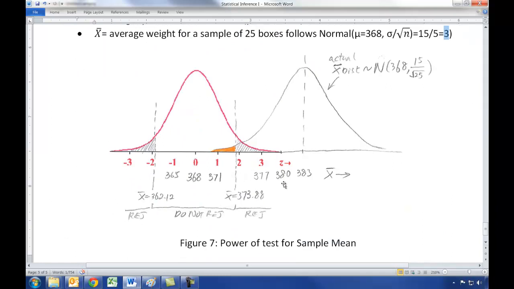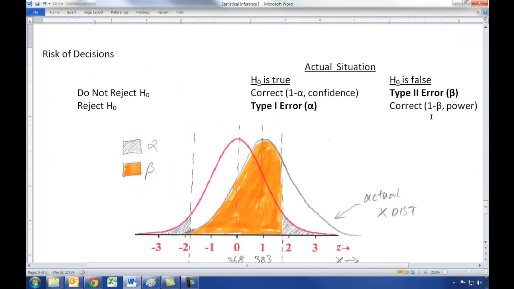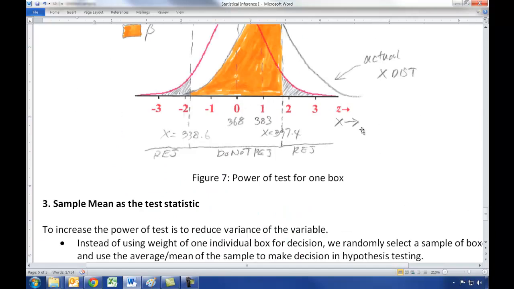And so this shows, by using the sample mean for conducting hypothesis testing, we greatly reduce beta. In turn, we greatly increase 1 minus beta, which is the power of the test.